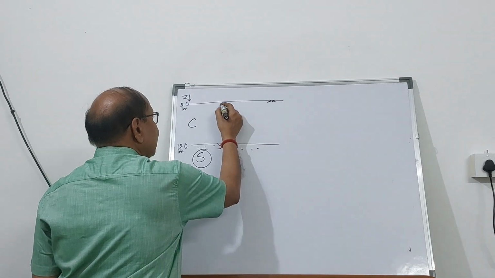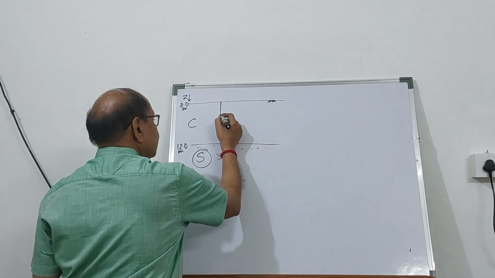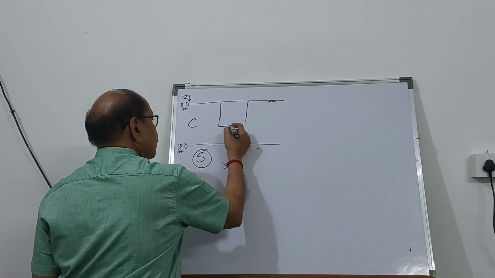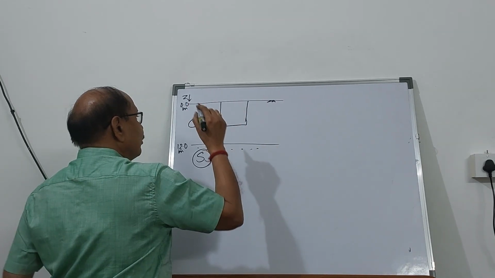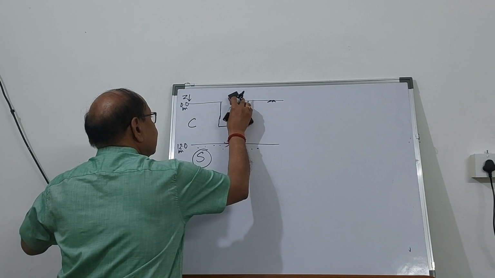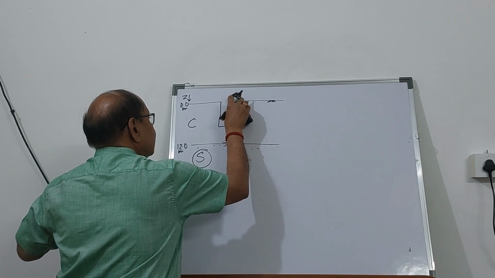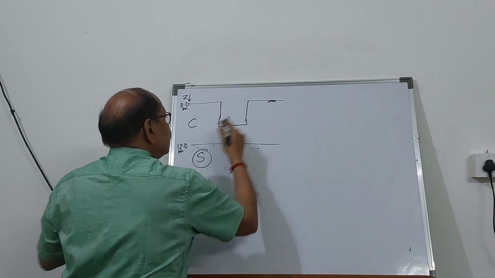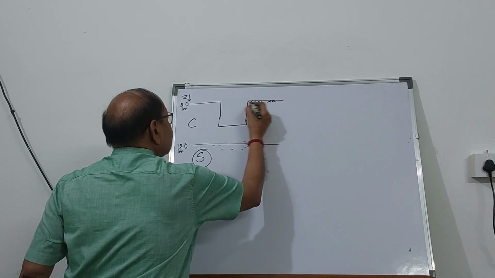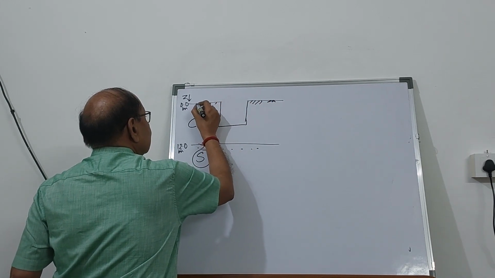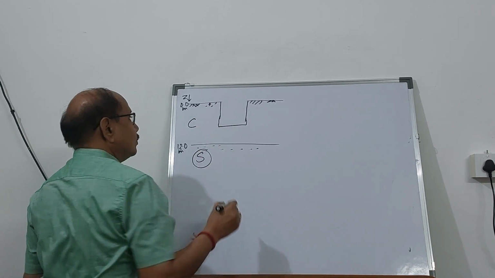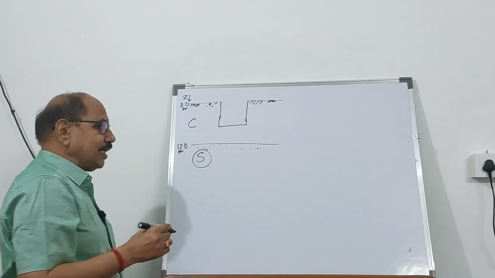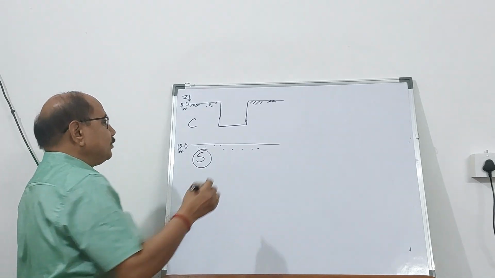Now, I am going to dig a trench here. So a trench is being dug over here. So this is the trench I am going to dig. Let's say this trench is as deep as 8 meter.